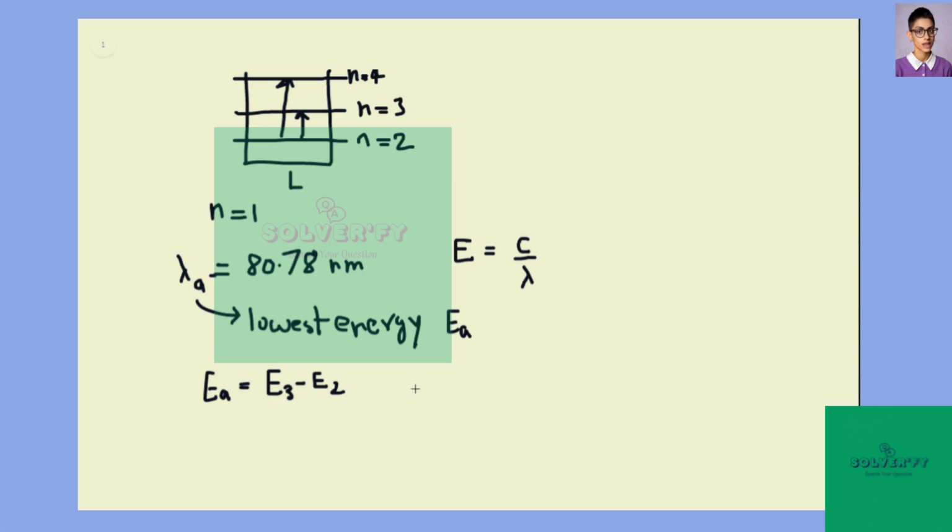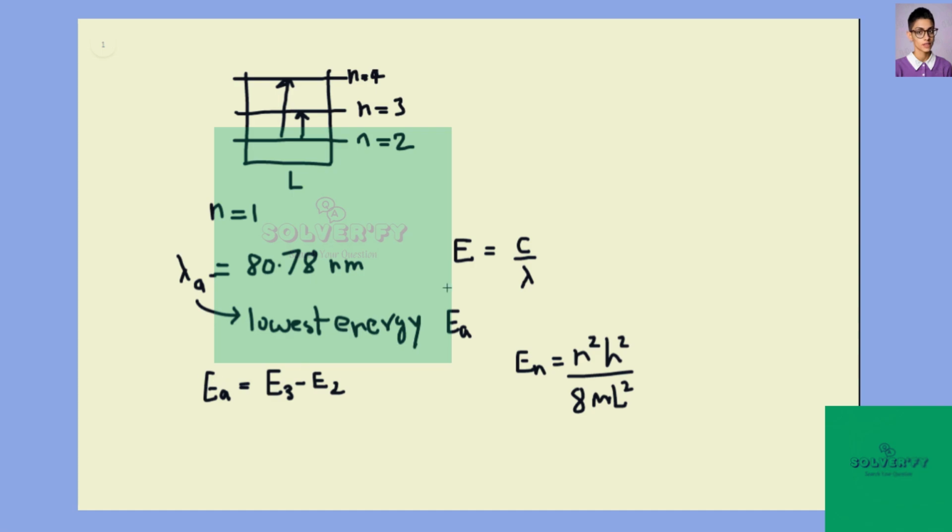Now the energy of an electron in an infinite potential well is given as En equal to n squared h squared over 8 m L squared.